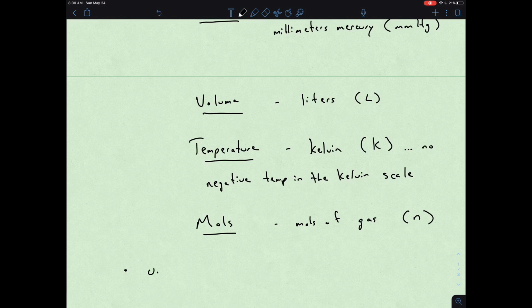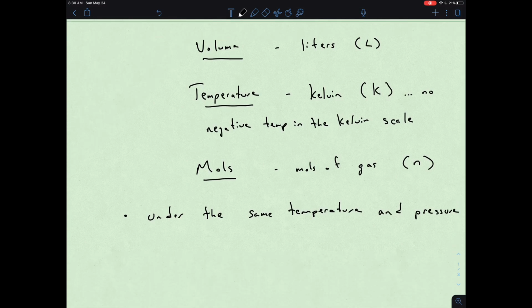Under the same temperature and pressure, equal volumes of gas contain the same moles of gas.